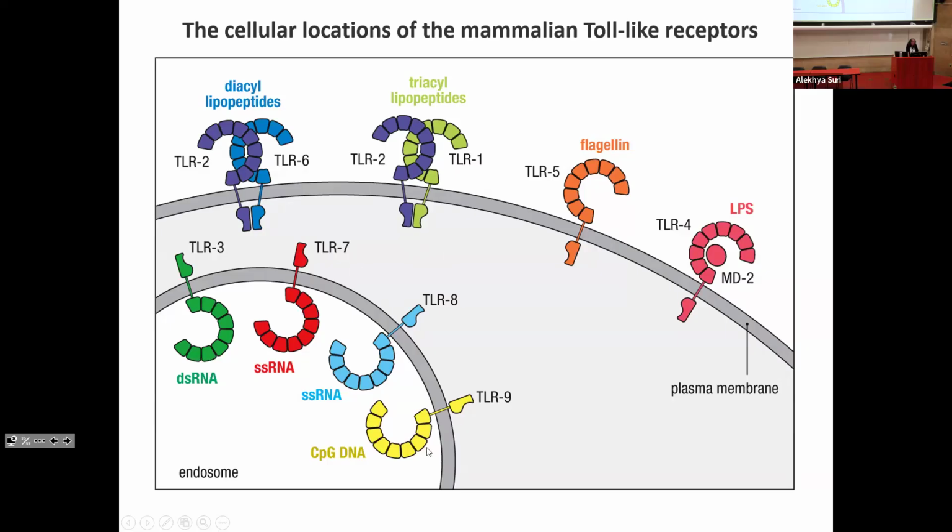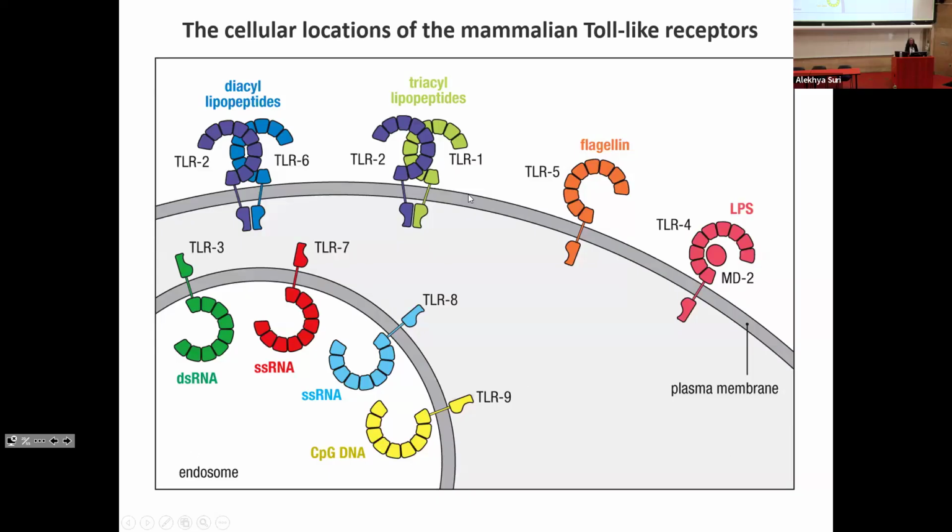And there are also other toll-like receptors that are present in the endosome or inside the cell, which can recognize pathogens that replicate within a cell, like viruses, which would be present inside a cell and replicate within the cytoplasm. So you have a set that's expressed on the surface and a set of receptors that's expressed inside in the cytoplasm.